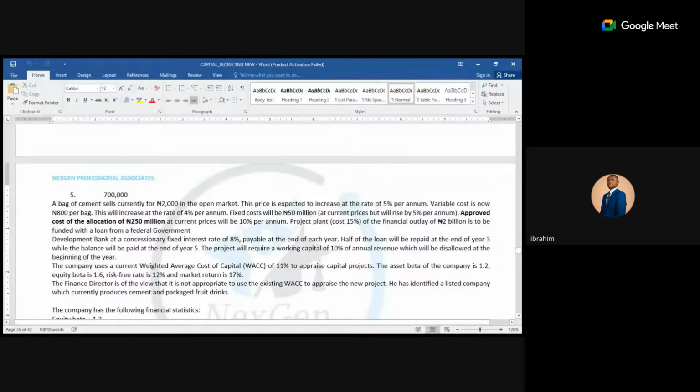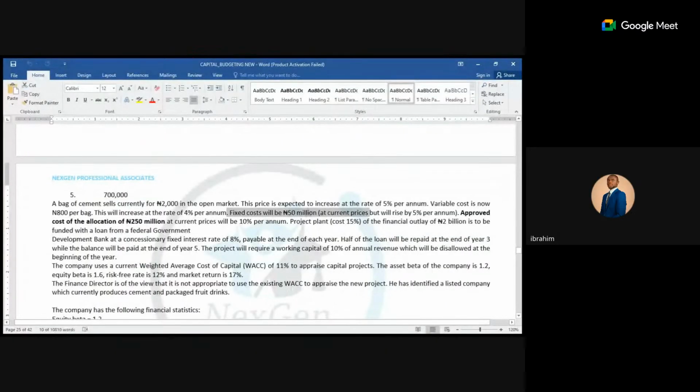Now, the variable cost is 800 naira per bag, meaning that one bag will cost 800 naira. Now, this will increase at the rate of 4% per annum. Now, the fixed cost will be 50 million at the current price. This 50 million is at the current price.